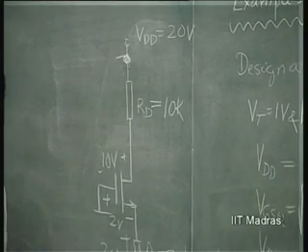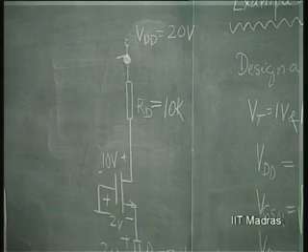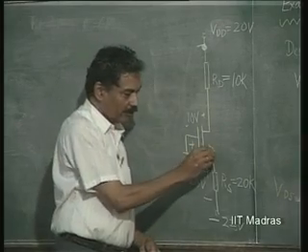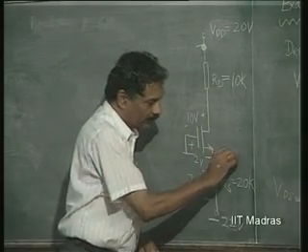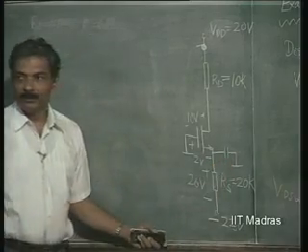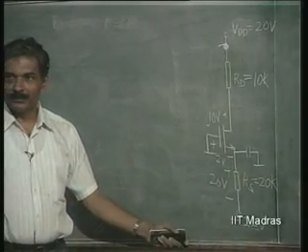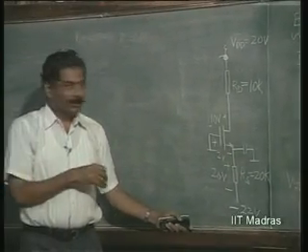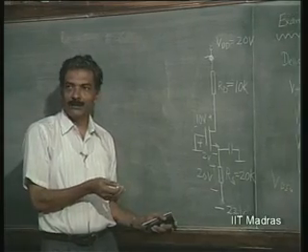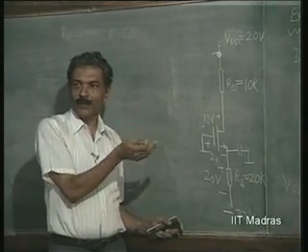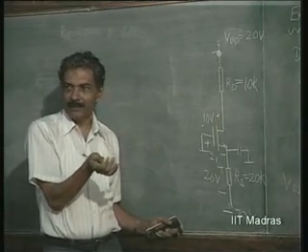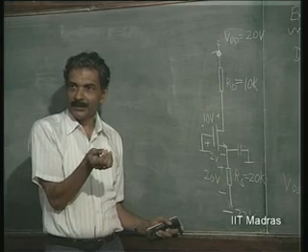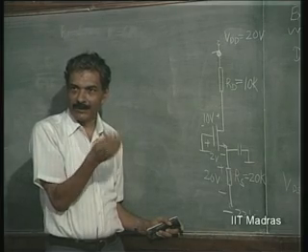For the same problem now, the design is changed based on the option to use 2 power supplies. The gain now becomes minus 20 because gm remains the same, IDSQ is the same.